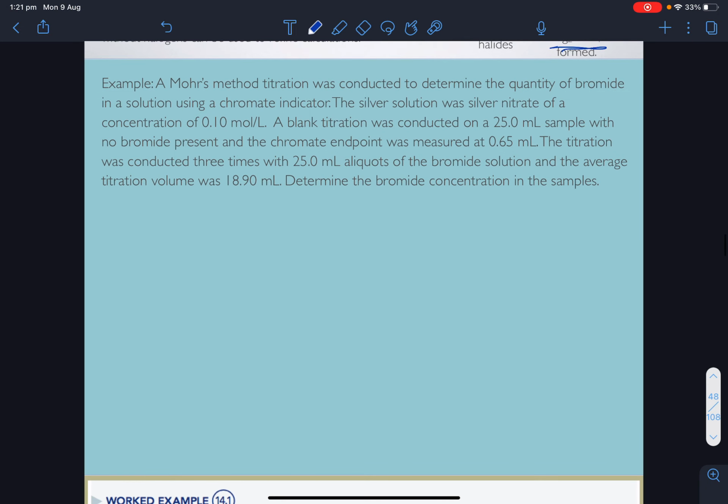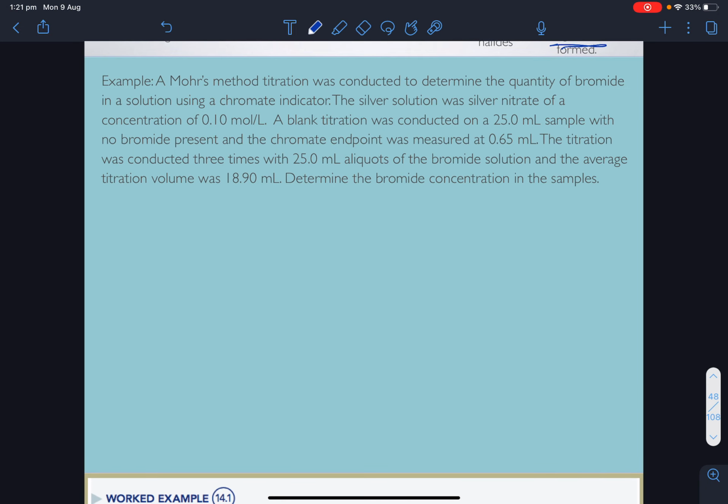All right. A Mohr's method titration was conducted to determine the quantity of bromide in a solution using a chromate indicator, just like I said there. The silver solution was silver nitrate of a concentration of 0.10 moles per litre. A blank titration was conducted on a 25 ml sample with no bromide present, and the chromate endpoint was measured at 0.65 millilitres.